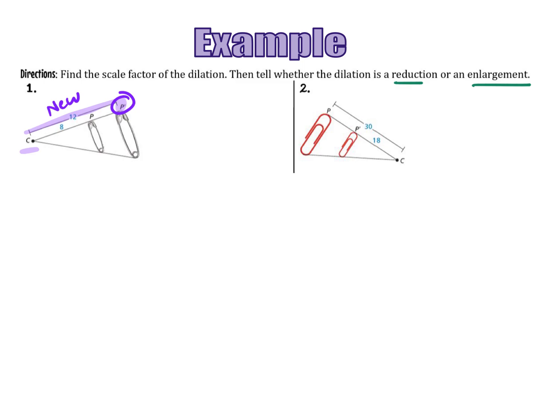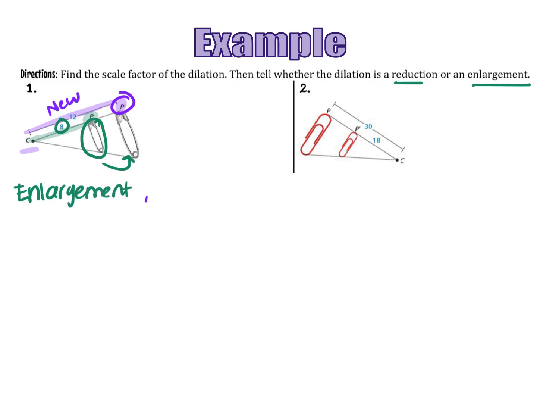The old, or the original, is our P, and we can see in the picture that the original length was 8. So first of all, to go from this safety pin to this safety pin, we are getting bigger, and that is called an enlargement.